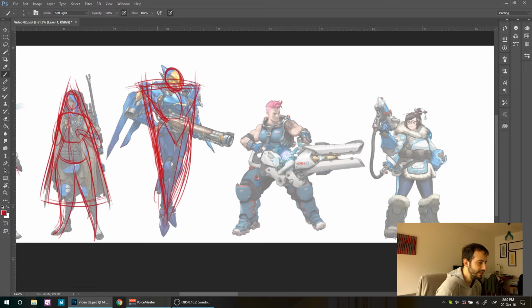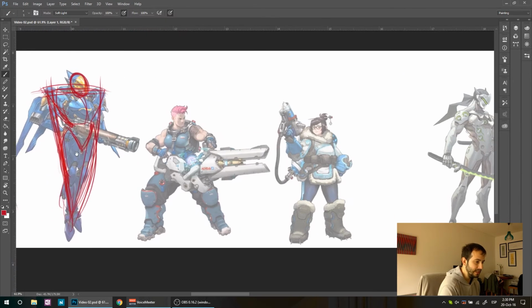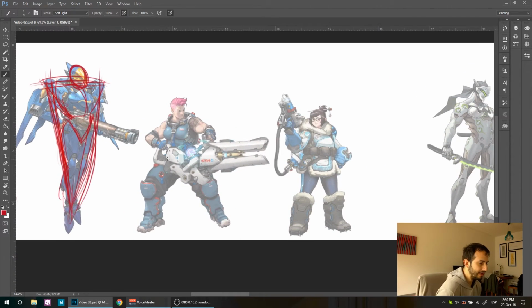But you can see that the armor is not so much about body types, but about the armor type, so to speak. But you can see that she looks nothing like the other ones. So here we have Sadia, and Sadia is a lot more muscular.